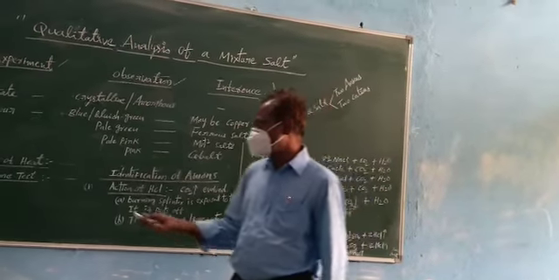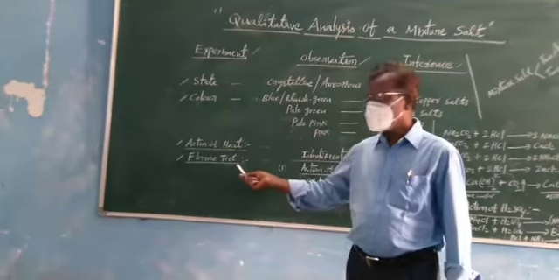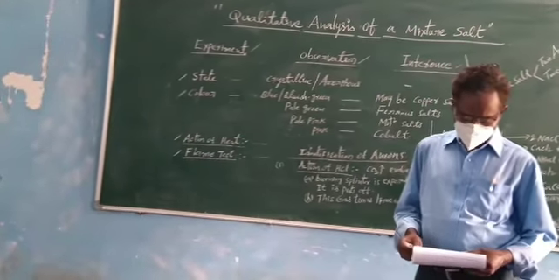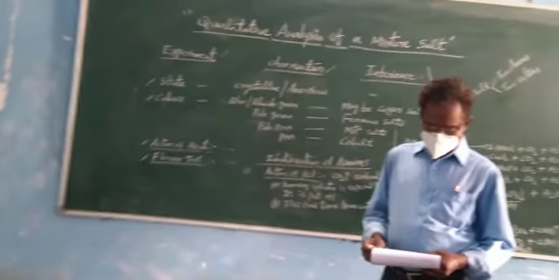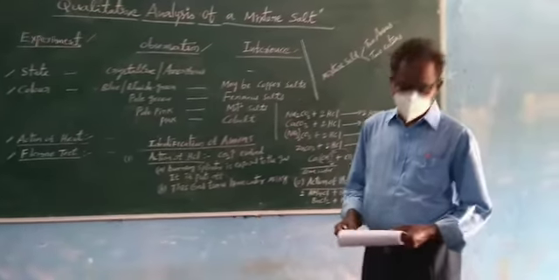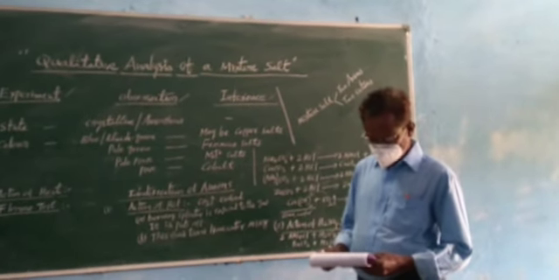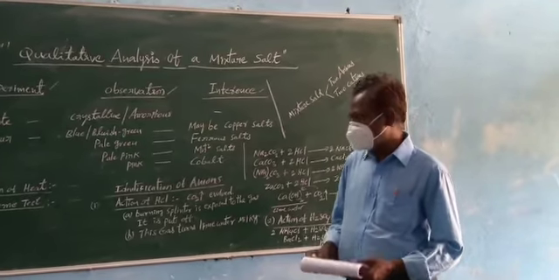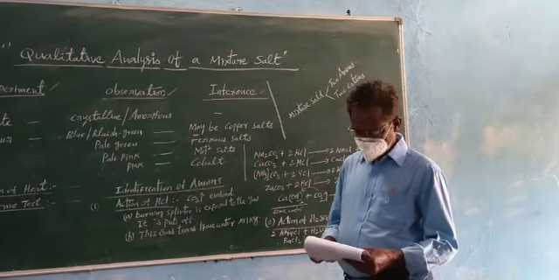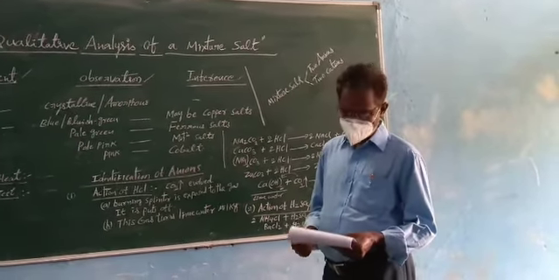After the action of heat, next is the flame test. For the flame test, a small amount of the mixture is moistened with 1 or 2 drops of concentrated HCl and made into a paste. Introduce the paste into the Bunsen flame with a glass rod. Blue or bluish green flame: copper.